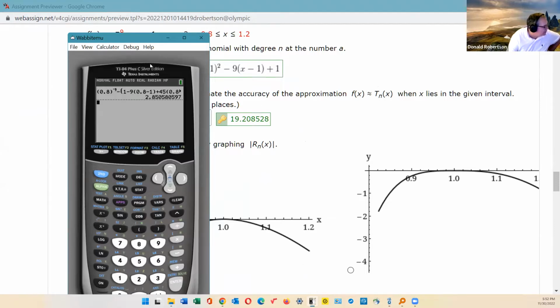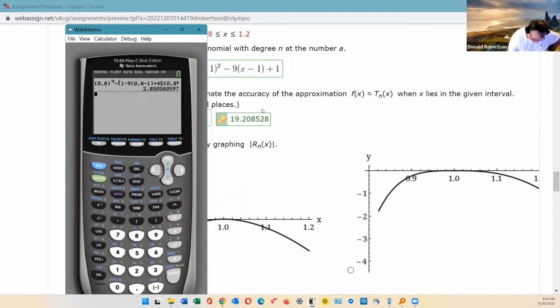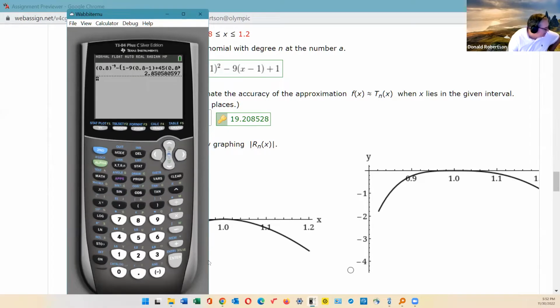Now, if I go and do the other one, which is at the 1.2 side, I might be able to do it by simply doing that and then changing all the 0.8s into 1.2s.